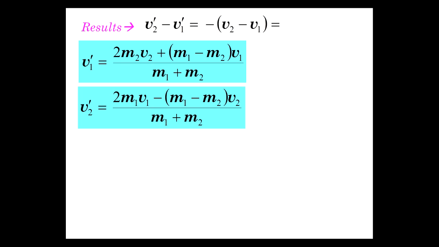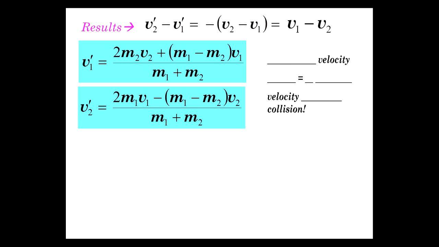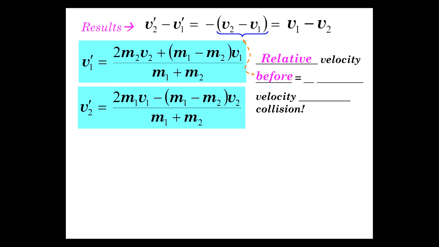Well, it turns out that that is negative (v2 minus v1). And v2 minus v1 is the relative velocity of the two objects before the interaction. Very useful. Can be expressed as v1 minus v2 as well. So the relative velocity before equals the negative of the relative velocity after the collision, which is this one.